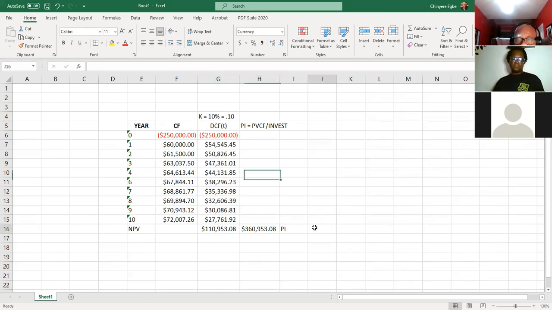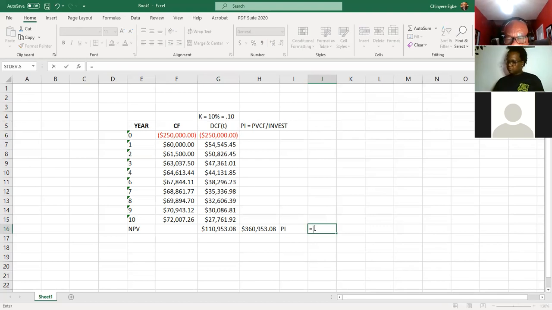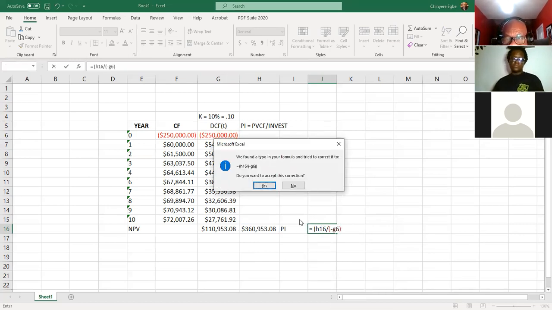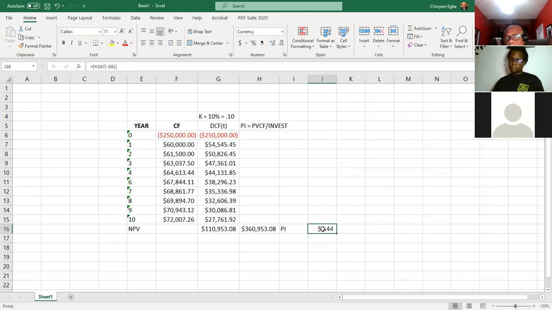And so what we're going to have is H16 divided by G6, which is 1.44.